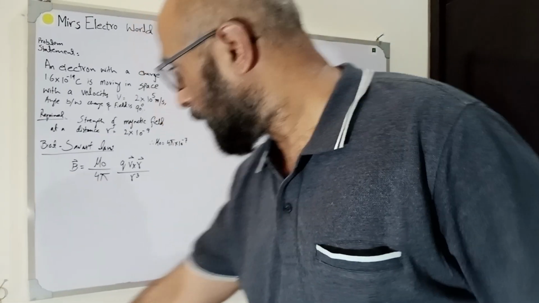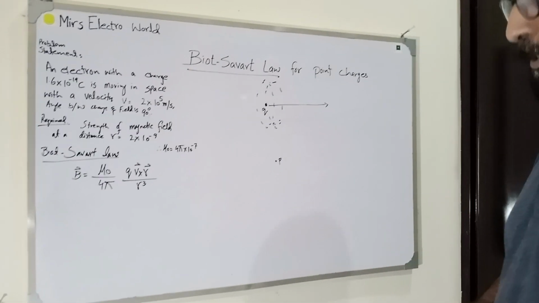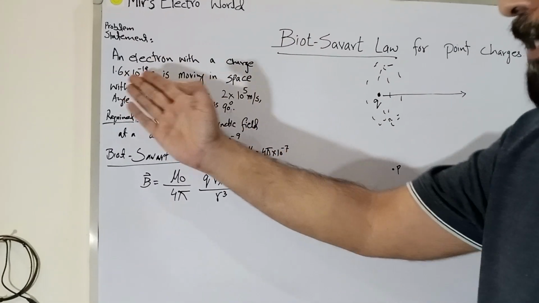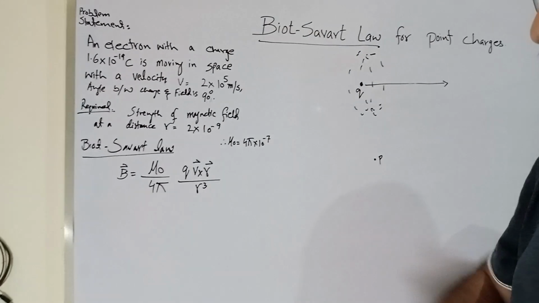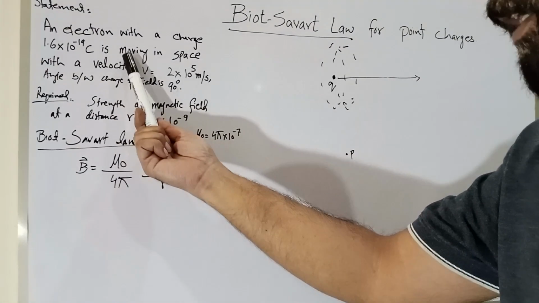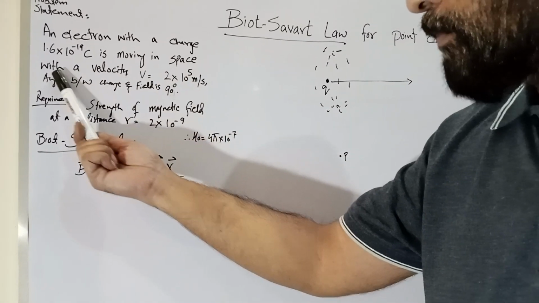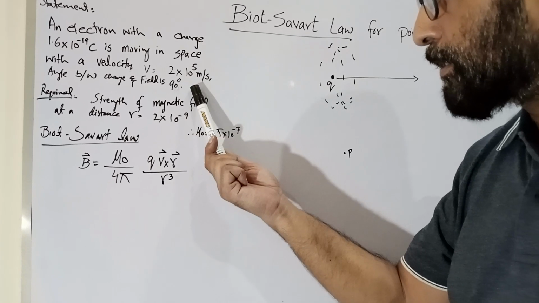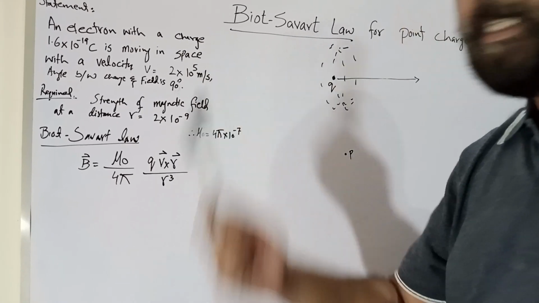Now, let's start with a scenario. Imagine an electron with a charge of 1.6 multiplied by 10 raised to the power minus 19 coulomb is moving in space with a velocity v equals 2 multiplied by 10 raised to the power 5 meters per second.